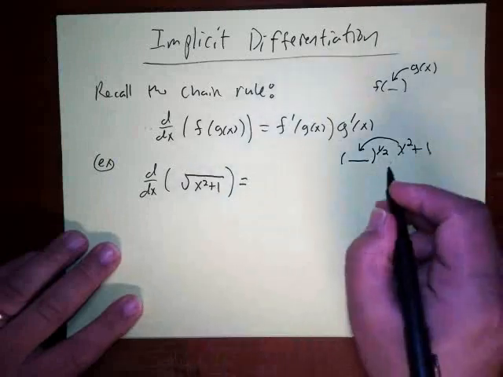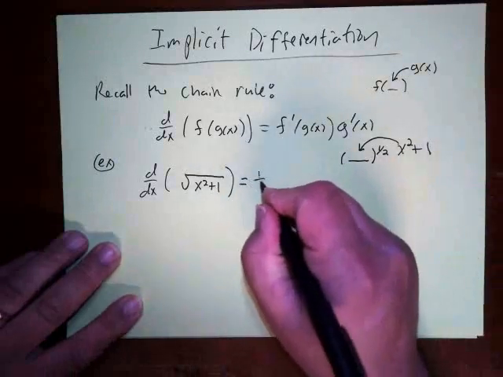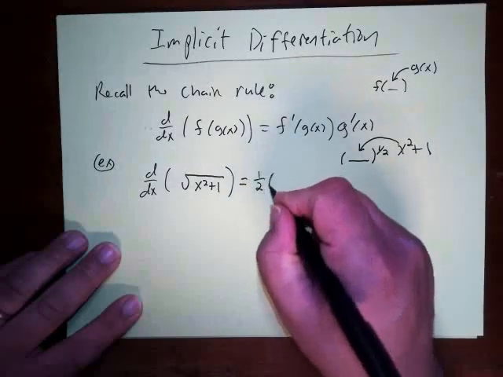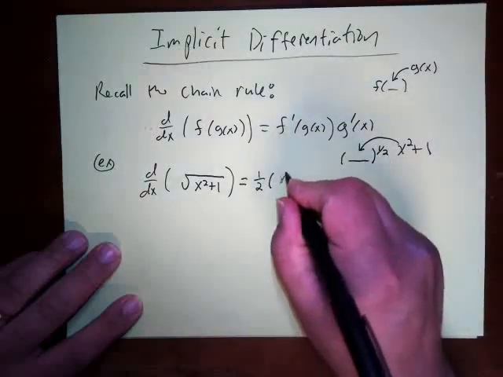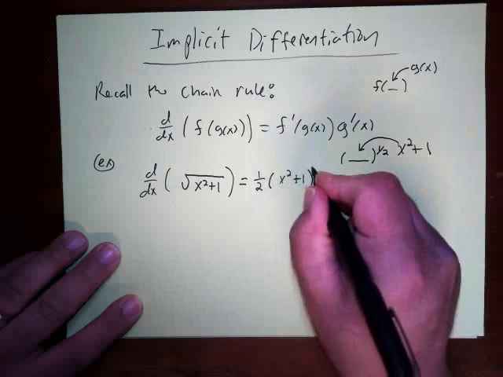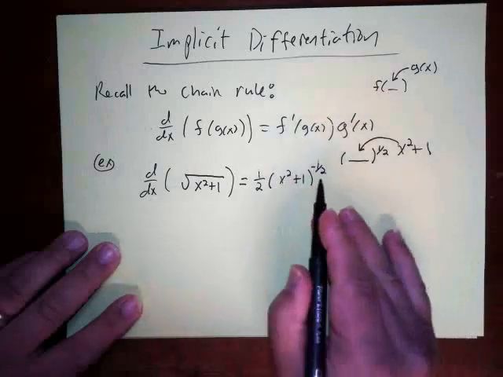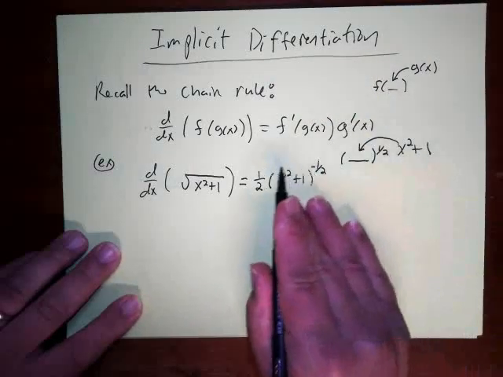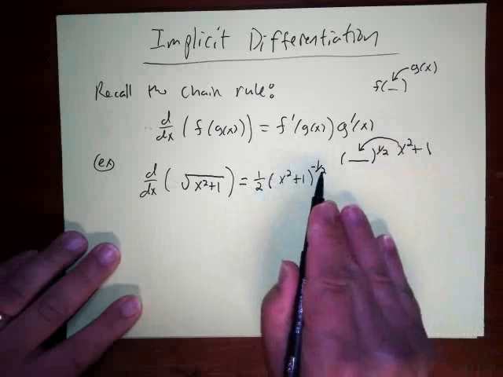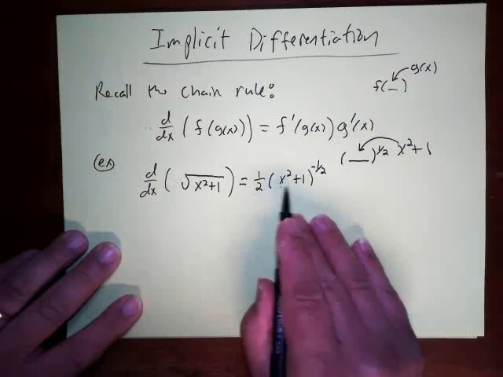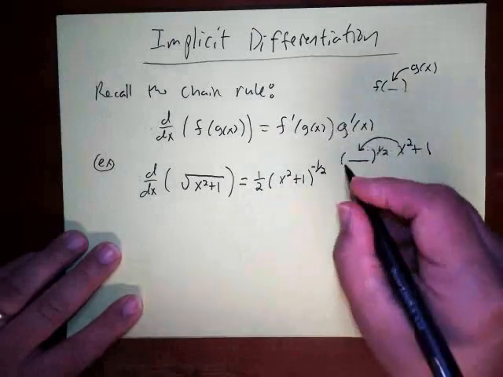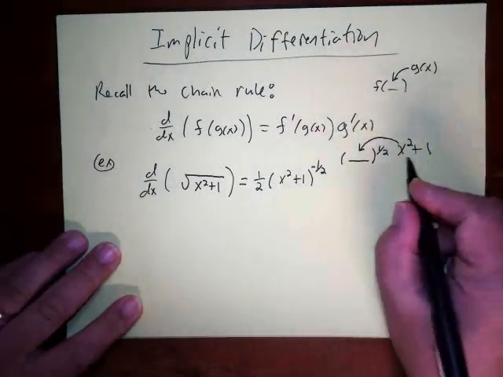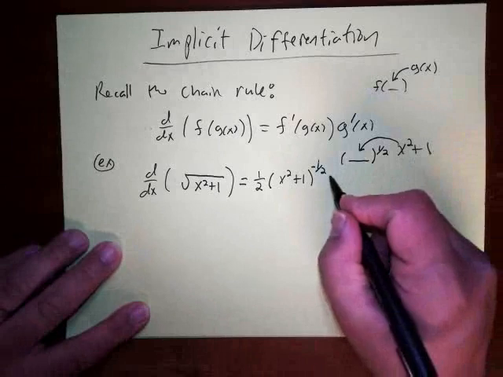So the way I take this derivative is I take the derivative of the outside function, 1/2, evaluated at the inside function, x squared plus 1, to the negative 1/2. The derivative of the outside function is bringing the 1/2 down, subtracting 1 to get negative 1/2, evaluated at the inside function, but then I have to multiply by the derivative of the inside function. The derivative of x squared plus 1 is just 2x.